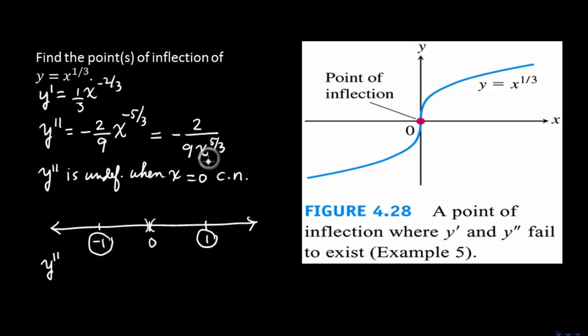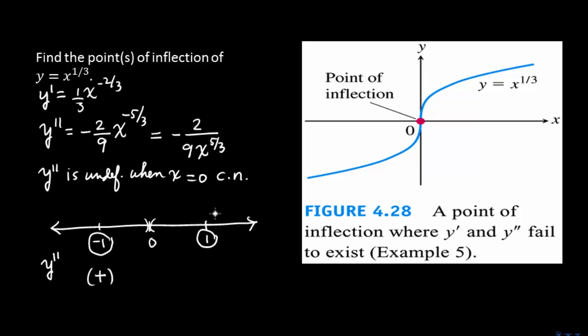So look at this. You have the cube root of -1 because that refers to the denominator. So it's the cube root of -1, which is -1. Raise it to the 5th power, you still have negative. So negative over a negative means that y double prime is positive. Okay, now what about to the right of 0?